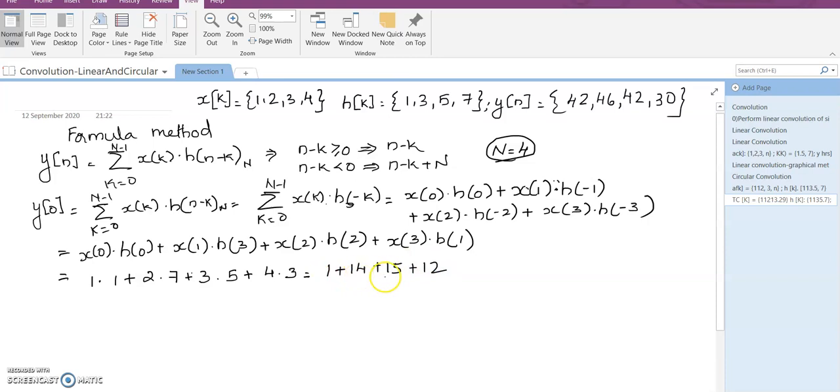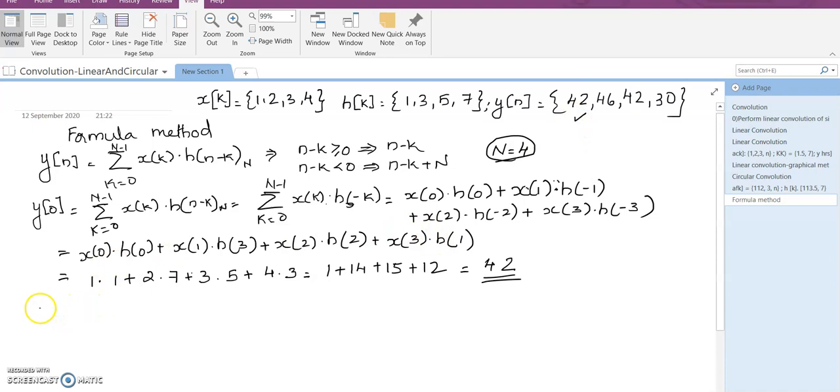Summing it up, 1 plus 14 is 15, 15 plus 15 is 30, and 30 plus 12 becomes 42, which is the first answer that we are to obtain.